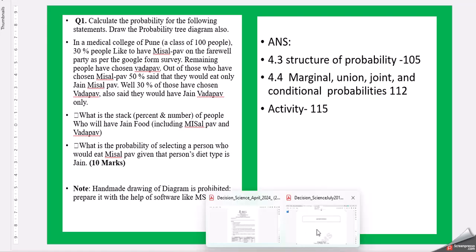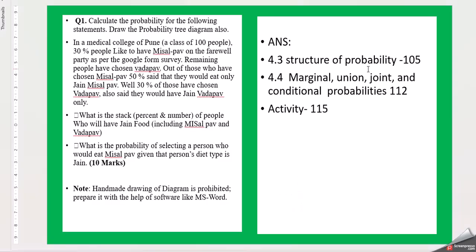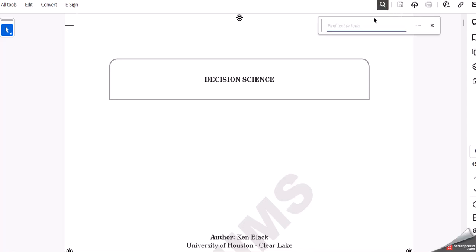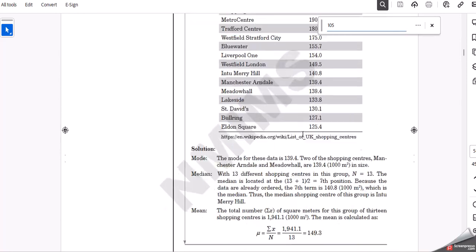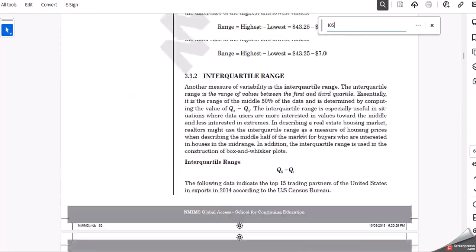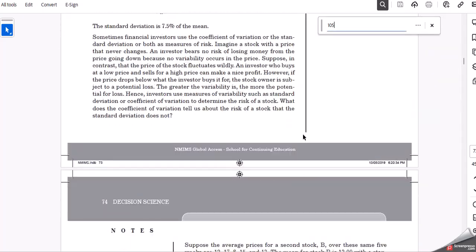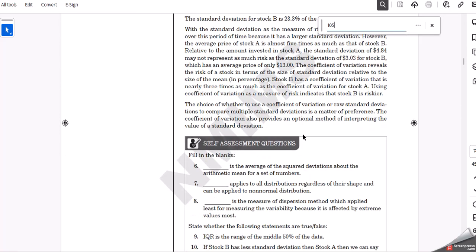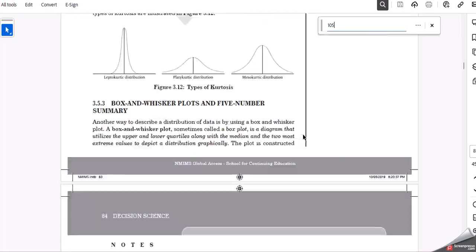Chapter 4, page number 105. I'm in the third chapter.